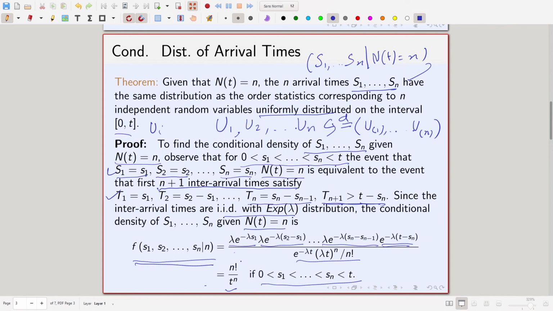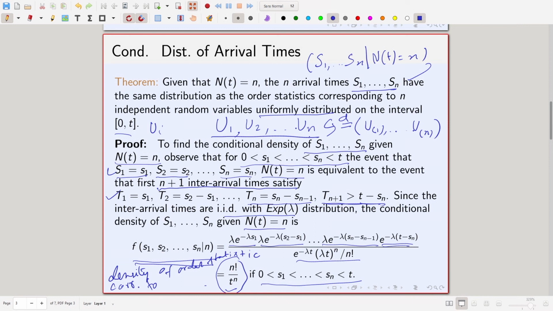And now you can easily see that this is the joint density of the order statistic corresponding to n IID uniform 0t random variables.